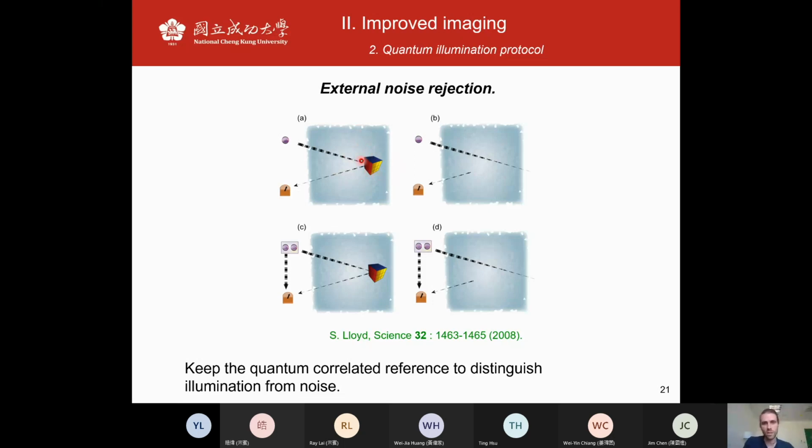So what you see here, you're trying to observe this cube. What you will do classically is send some light onto this object, and detect backscattered light from this object. But because this object is in a noisy environment, the problem is that sometimes, even if the object is not here, you will detect some backscattered light, and you will not be able to know if this light that you detect is coming from an object that is here or is coming from the background.